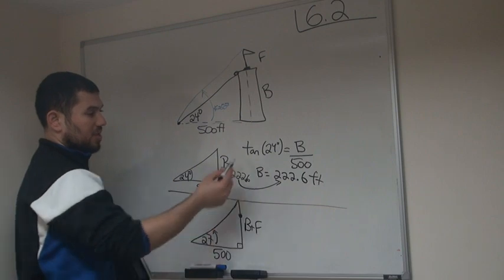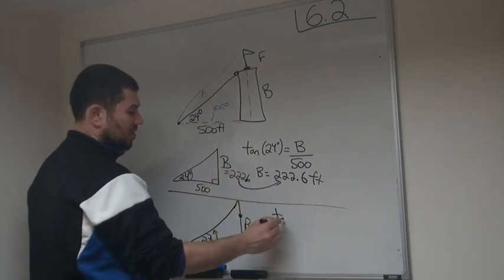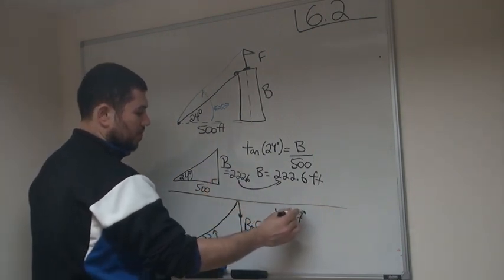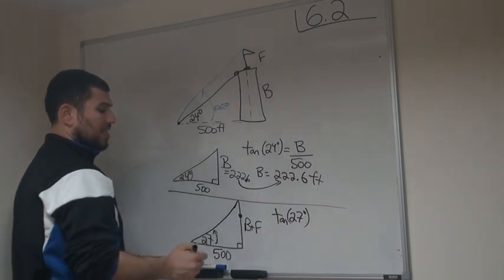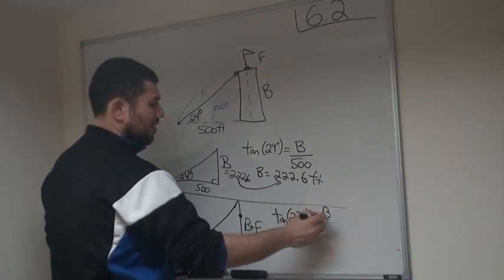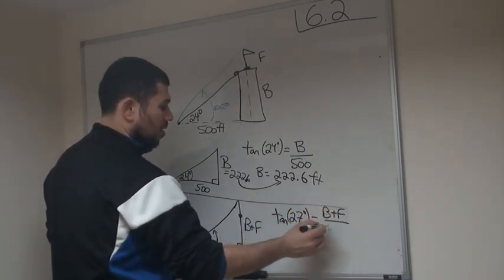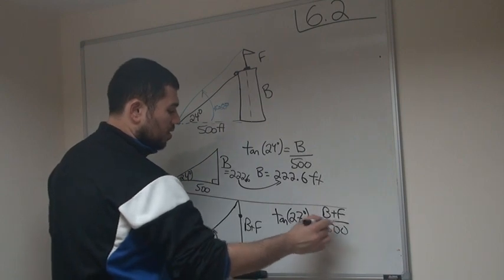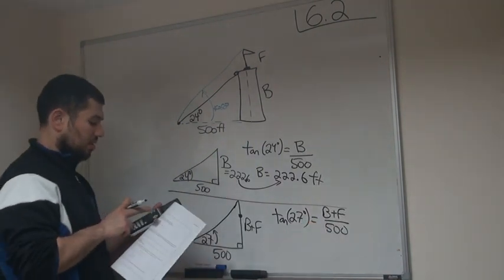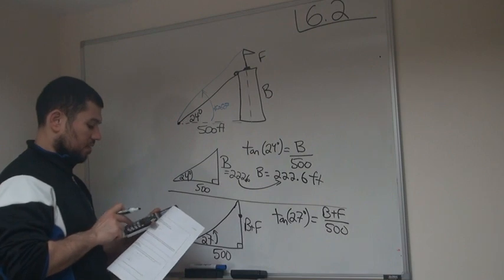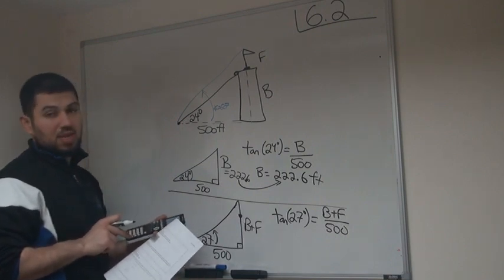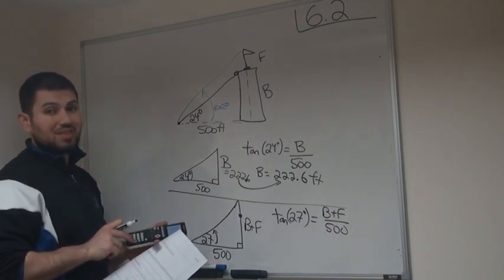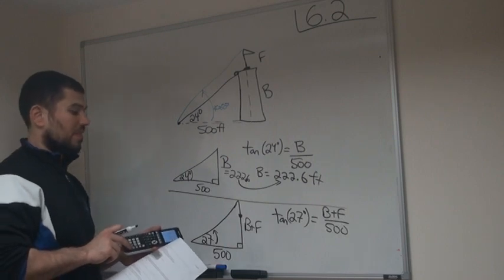So here I would do the same thing. The tan of 27 degrees would technically be the length of the building plus the flagpole over 500. Using my calculator, the tan of 27, by the way, you're able to use a calculator for these because it's not a 30, 60, 90 triangle or 45, 45, 90 triangle.